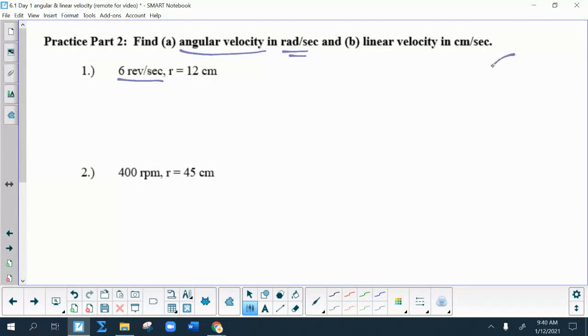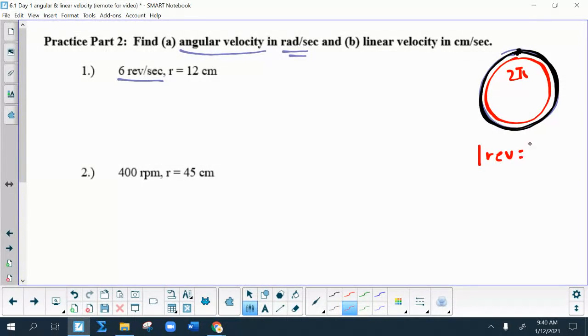A revolution is literally going around the circle one time. If you think about that in terms of trig or geometry, when you go around a circle one time, you go around the circle a distance of 2 pi radians. So one revolution is the same as 2 pi radians.